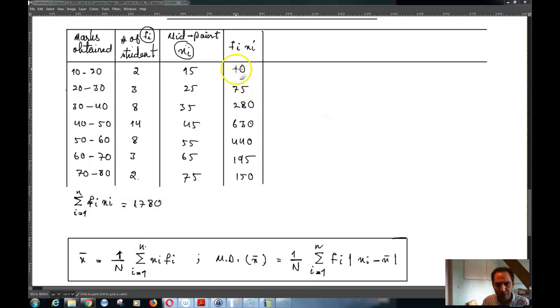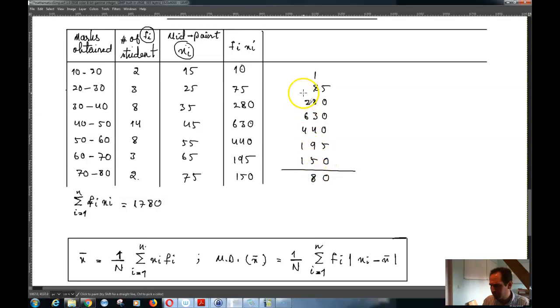So you have a 10 and 75 is 85, and then you have 280. You have 630, you have 440, you have 195, and you have 150. So you have a 0 over here, 1, and 16, 17, 20, 20 plus 13 is equal to 33, 38, and you have a 3 over here, 11 plus 4 is equal to 15.